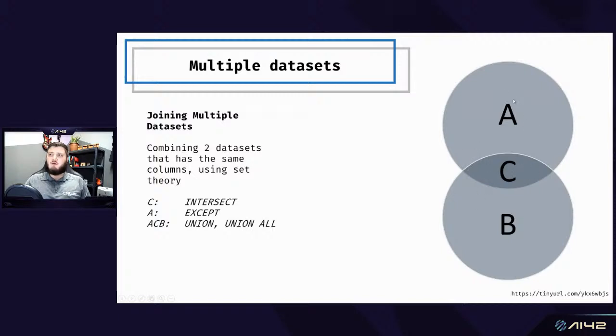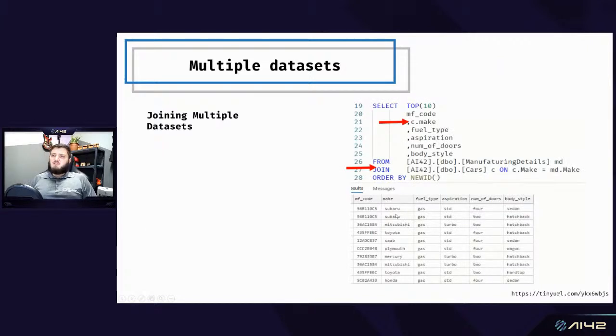But if I was only in data set A and not in data set B, if I intersect the two together, I will not be returned because I'm not in both data sets. And except brings back all the data from, let's say, my data set A, but removes all the data that's common between the two. And there are quite a few more that you can do.